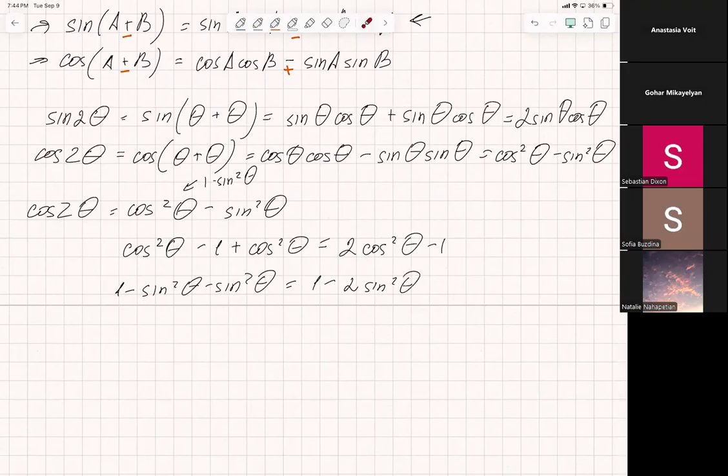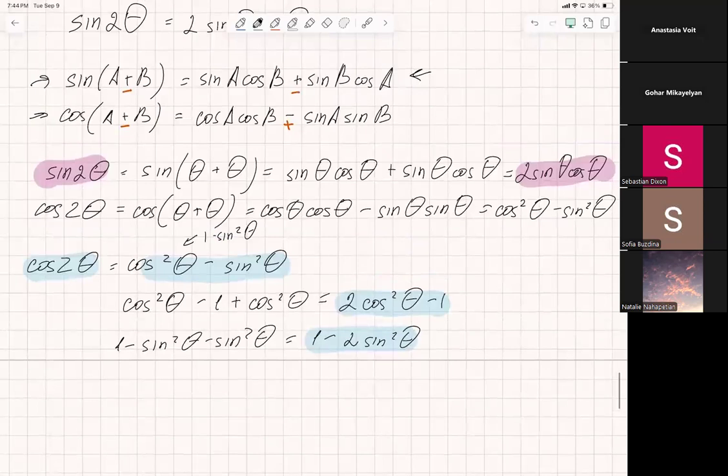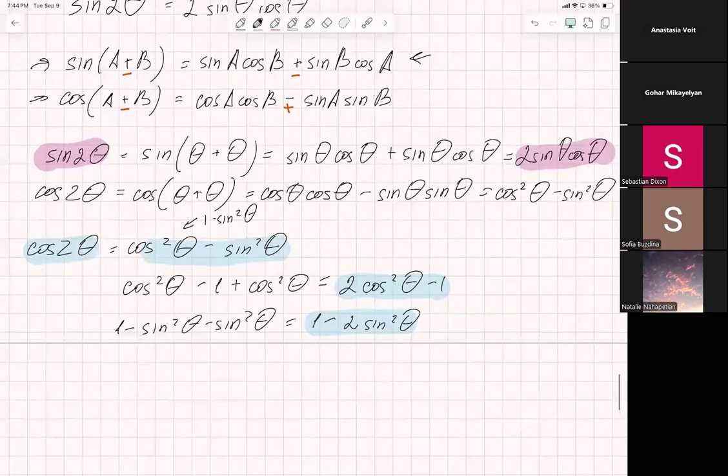So these are all three formulas for the cosine 2 theta, right? For sine, we usually use only this one. Okay, so this is probably one of the good ways to memorize these formulas if you haven't or forgot about them. It's always easy to derive them.